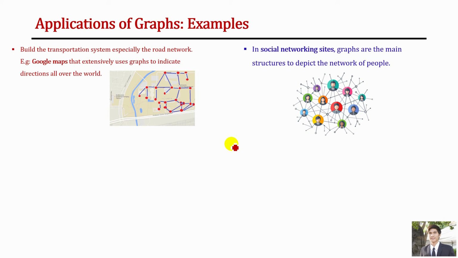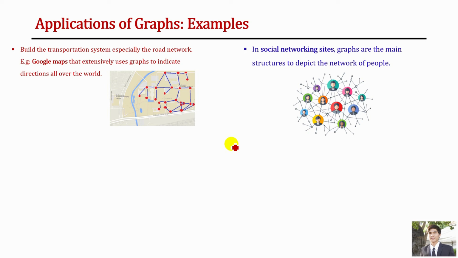Based on the graph representation, it allows us to map from one point to another with some distance. Although it's not 100% accurate, we approximate the value to get a similar value.